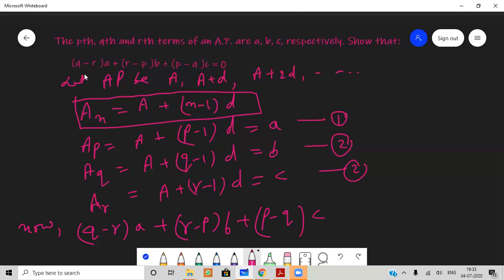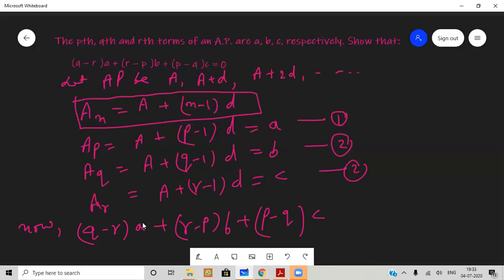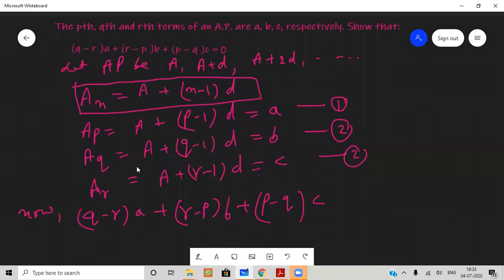This is the left hand side. So we will simply put the values of a, b, and c here, and let's see what we get.